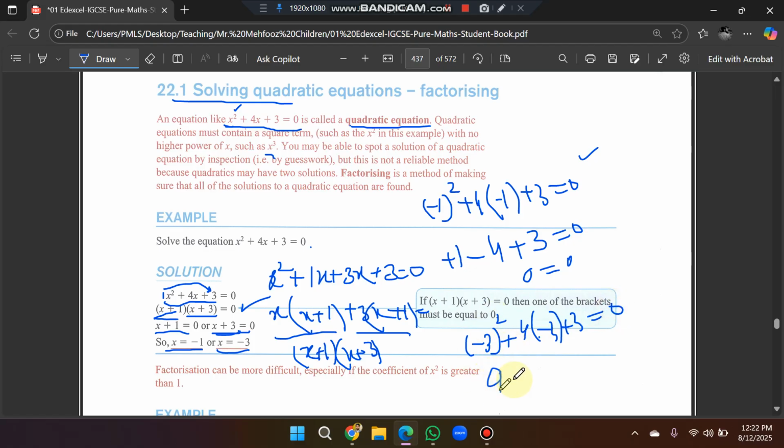That is plus 9, minus 3 multiplied by 4, that is minus 12, and plus 3. In this case, you can also see that plus 9 plus 3 is equal to plus 12, plus 12 minus 12 is equal to 0. So 0 is equal to 0. Left hand side and right hand side are equal. That's why minus 3 is also the solution of this equation.